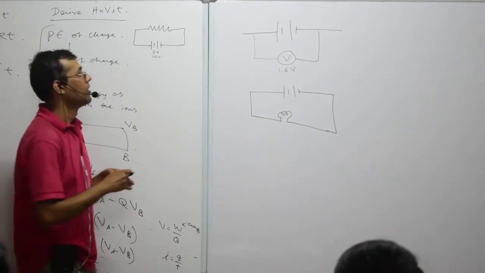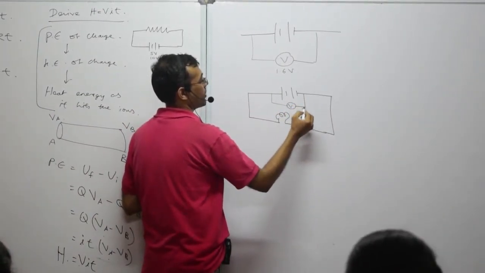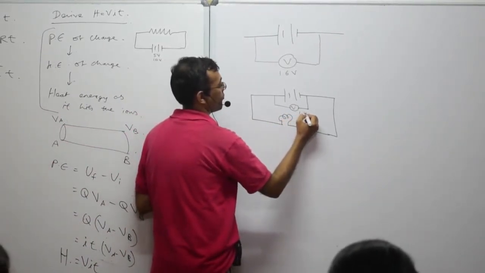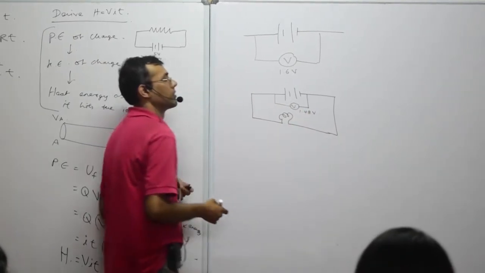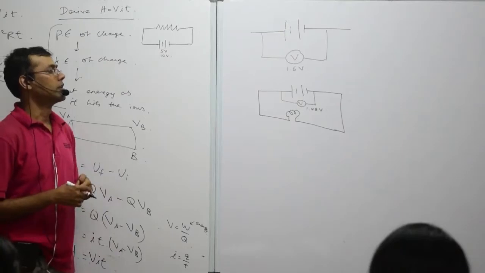Now if I check the voltage across the same battery with the voltmeter, it's showing me 1.48 something. So why this difference?